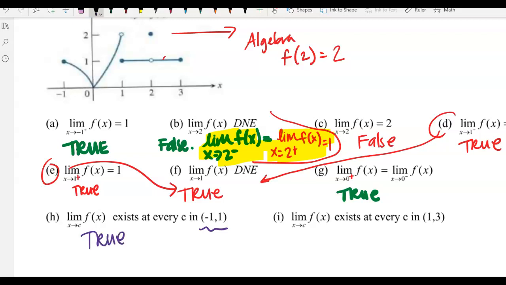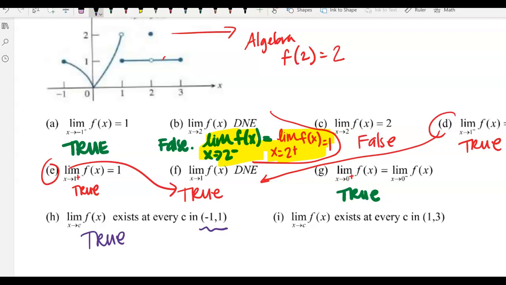Then let's talk about I. True or false, the limit as x approaches c of f of x exists at every point c when c is in between 1 and 3. Okay. Very similar but not identical. Here's 1, here's 3. Again, it's parentheses, so it means the endpoints don't matter. Does that make sense so far?